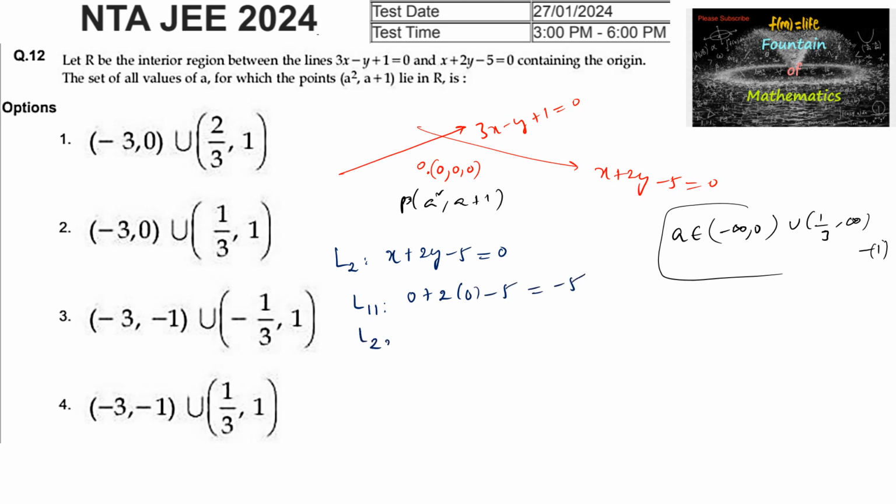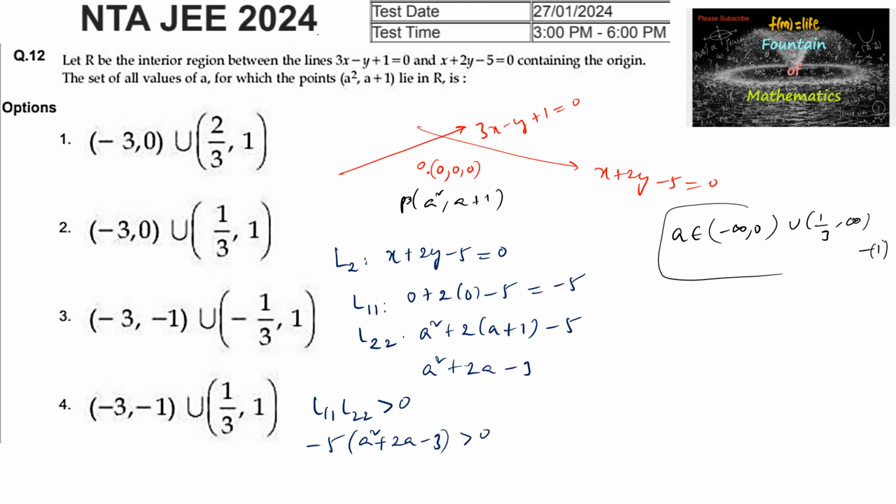For L22, substituting the second point: a square plus 2 times (a plus 1) minus 5, which is a square plus 2a plus 2 minus 5, that is a square plus 2a minus 3. The condition is L11 into L22 must be positive, so negative 5 into (a square plus 2a minus 3) must be positive, or a square plus 2a minus 3 is negative.